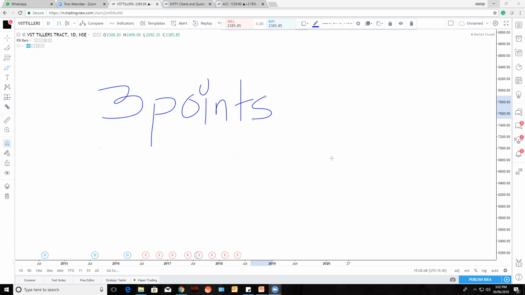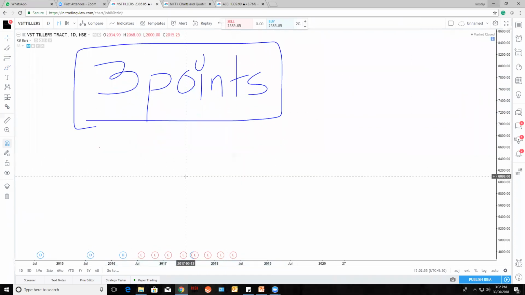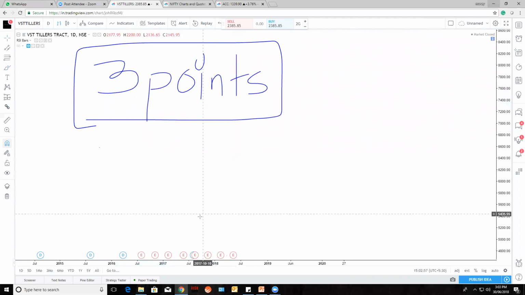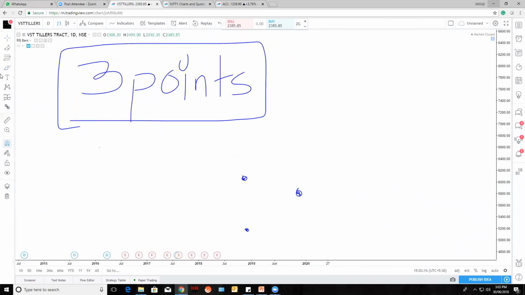It's just a channeling technique. To draw the channel, you need 3 important points. Let's say this is one point. We are now drawing the upward channel. This is one lower point, this is a second lower point, and one higher point. 3 points we require to draw the channel: 2 low points and 1 high point.